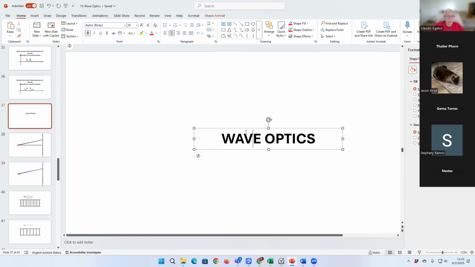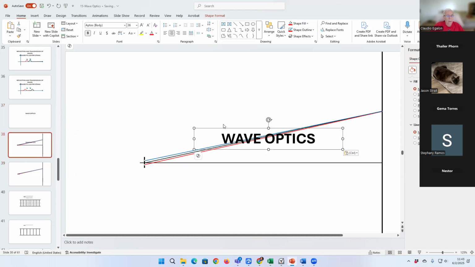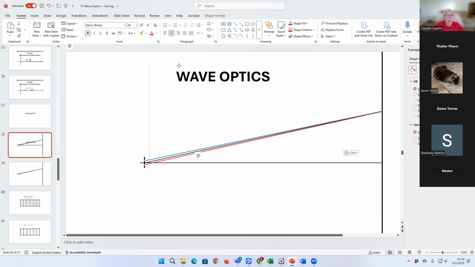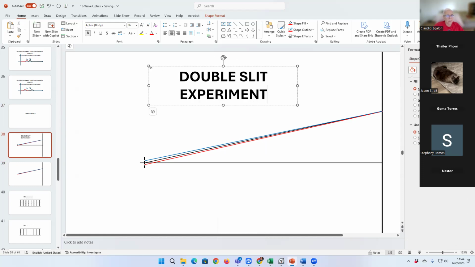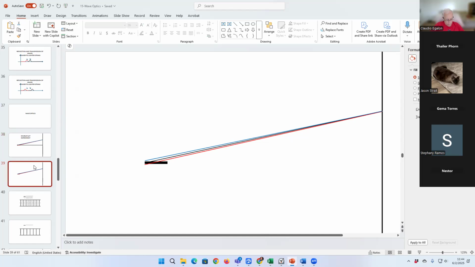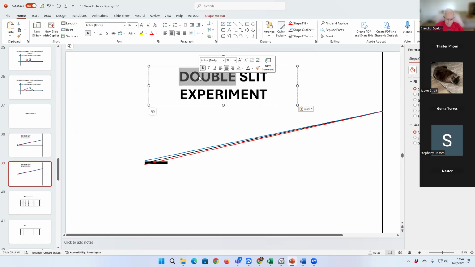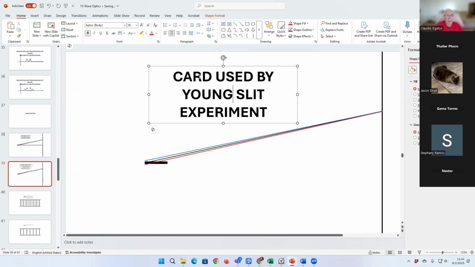Card used by Thomas Young. Double slit experiment. Card used by Young.